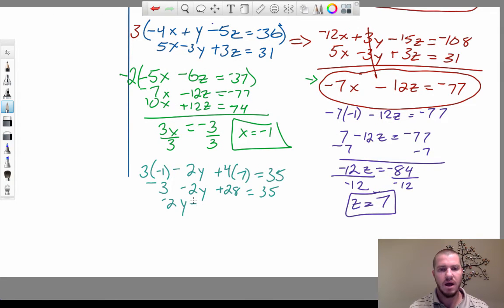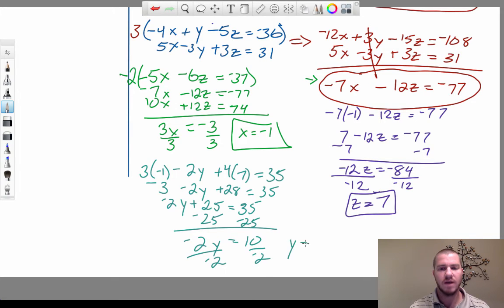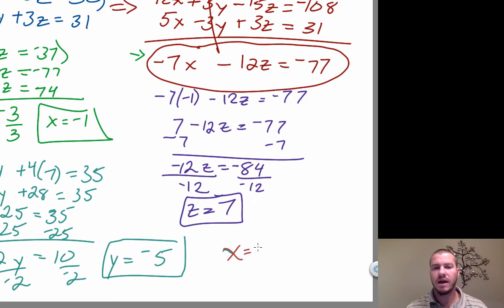Negative 2y plus 25 is equal to 35. Subtract 25. Negative 2y is equal to positive 10, and divide by negative 2, and y is equal to negative 5. So now I have my three variables. X is equal to negative 1, y is equal to negative 5, and z is equal to 7.